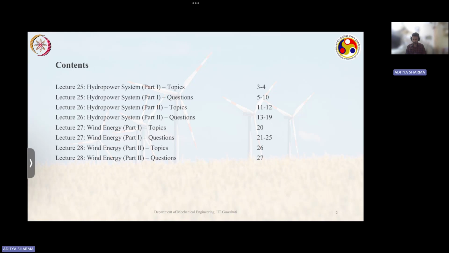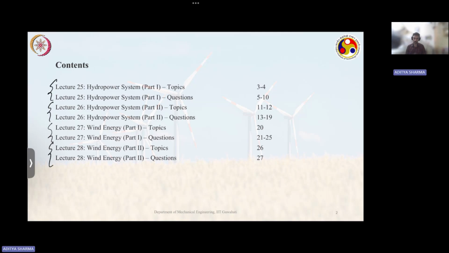So contents of the slide are this way. So total four lectures are there.